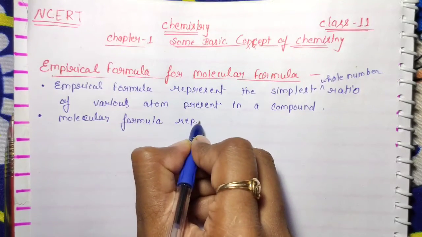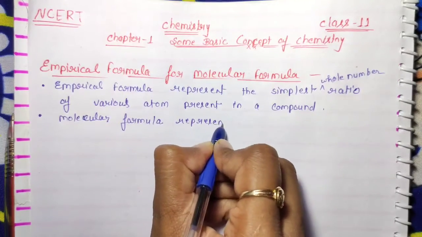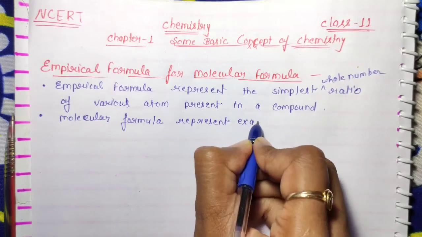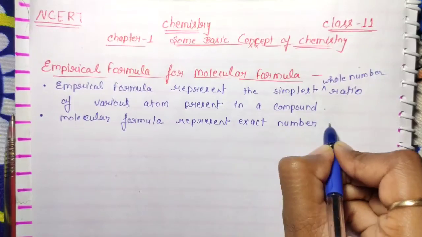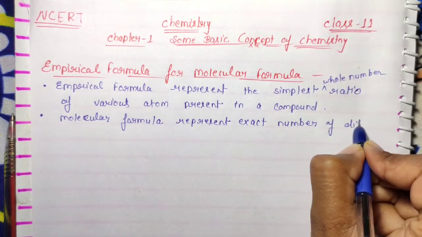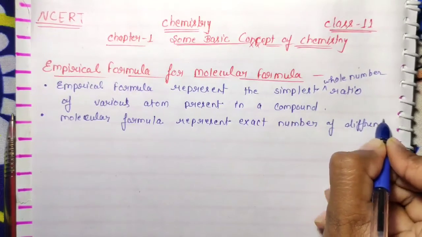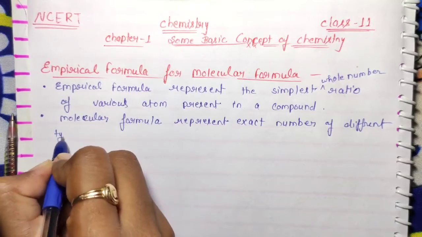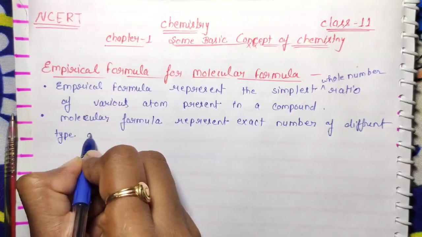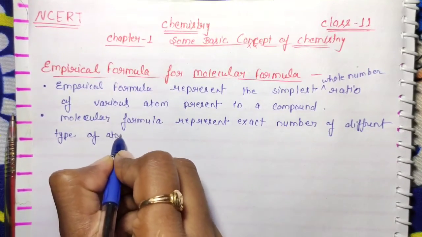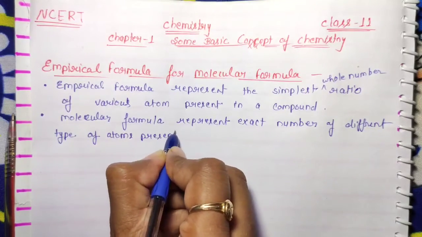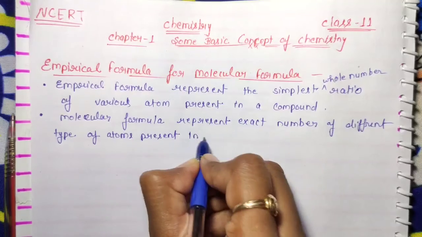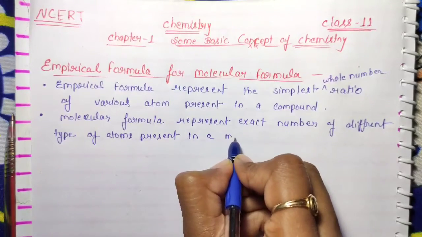represents the exact number of different types of atoms present in a molecule or a compound.